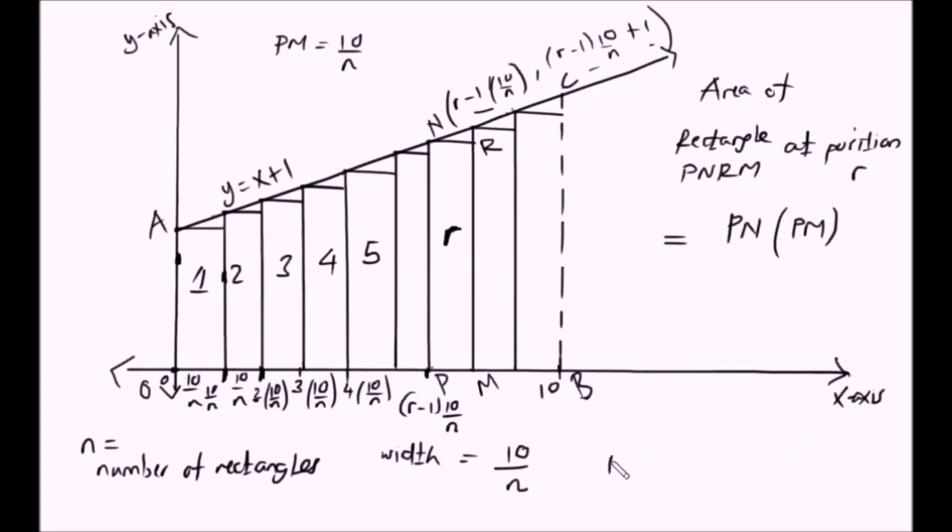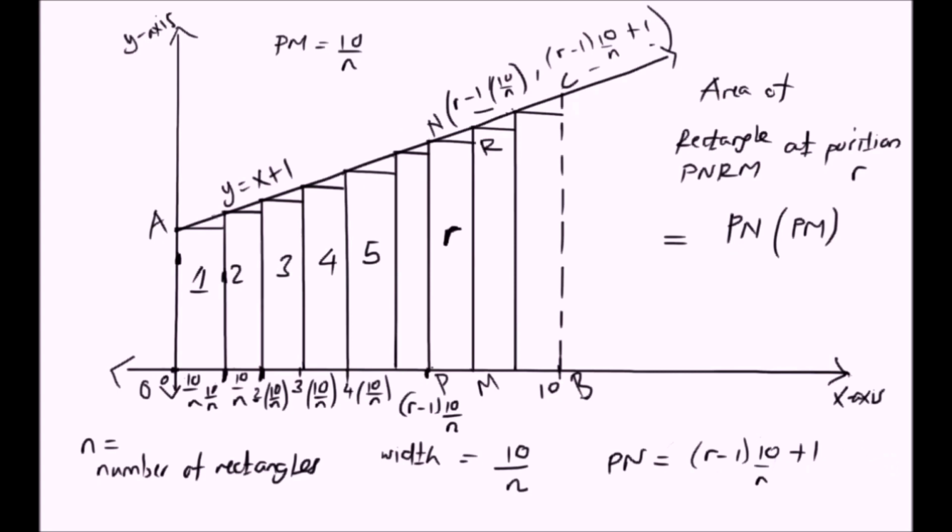Kwa hiyo sasa urefu wa PN itakuwa ni sawa na nini? Nichukue y coordinate ya huyu jamaa, R minus 1 times 10 over n plus 1, toa nini? 0. Ambayo jibu ni ngapi hapo? Ni hiyo, kwa sababu number toa 0 ni ile ile, kwa hiyo inabaki ni huyo.